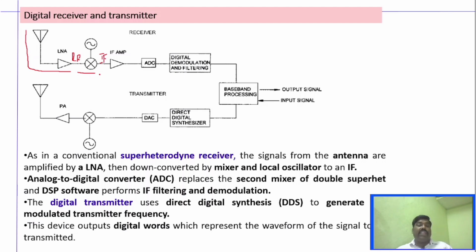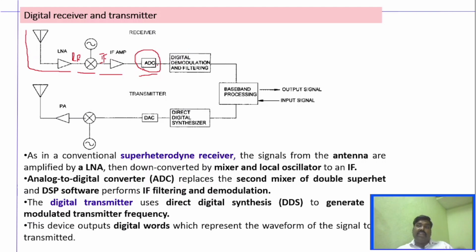And this IF signal is amplified, and after amplification, it is sent to the ADC, analog to digital converter. Here, the analog to digital converter replaces the second mixer in the super heterodyne receiver, right?